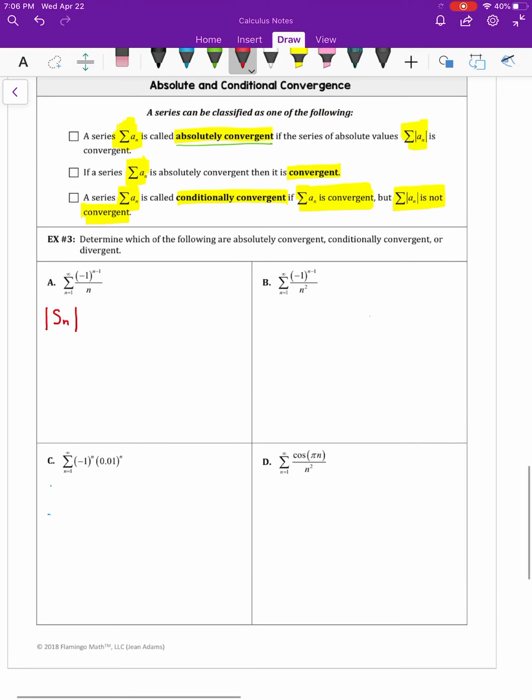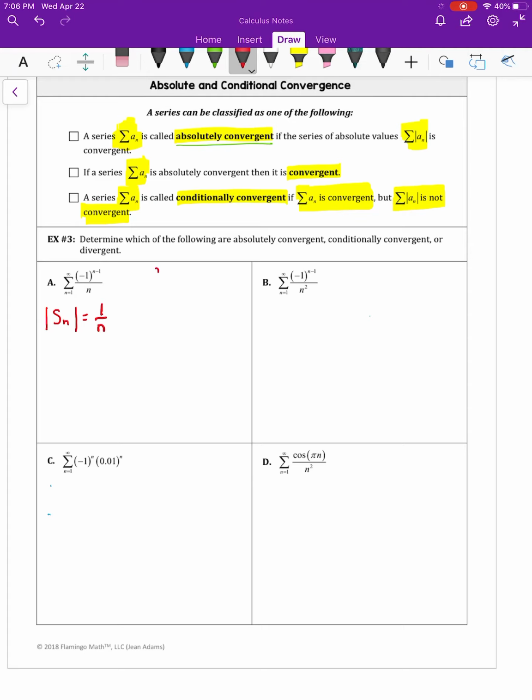So we've got an alternating series. You want to look at the absolute value of your S sub n, because we are trying to figure out whether it's conditionally convergent, absolutely convergent, or divergent.